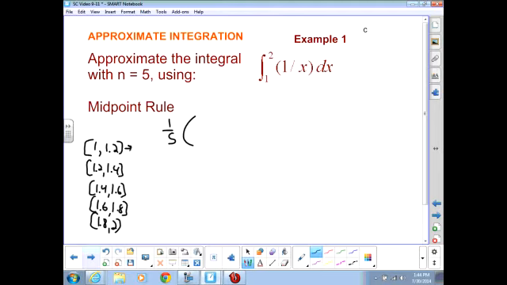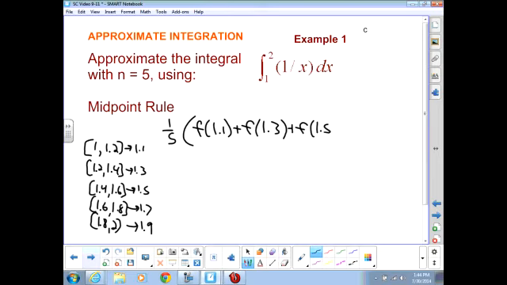So our midpoints will be 1.1, 1.3, 1.5, 1.7, and 1.9. So in here we'll have f of 1.1 plus f of 1.3 plus f of 1.5 plus f of 1.7 plus f of 1.9. And we'll put this in just like we did the other one on the calculator.